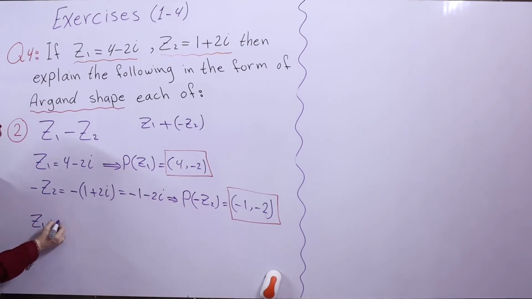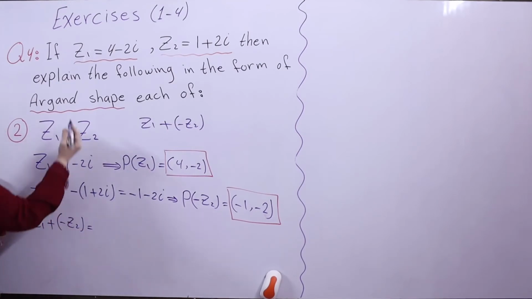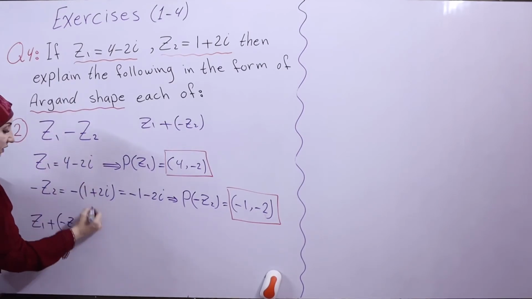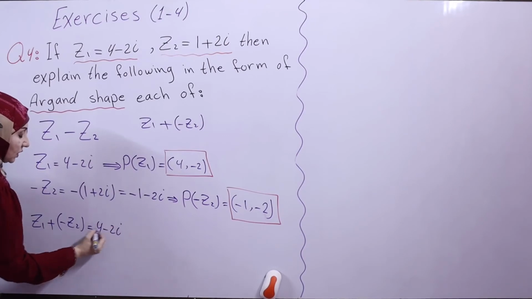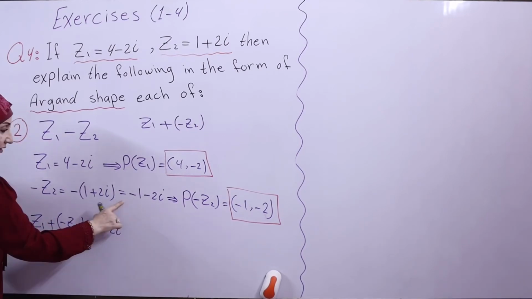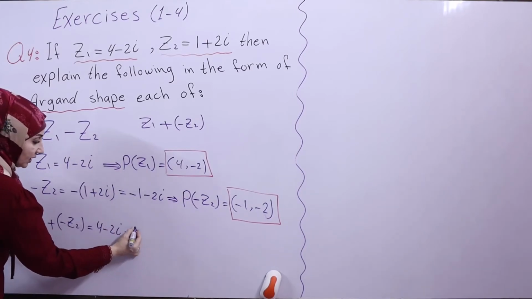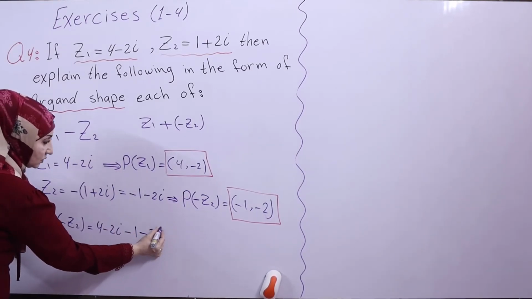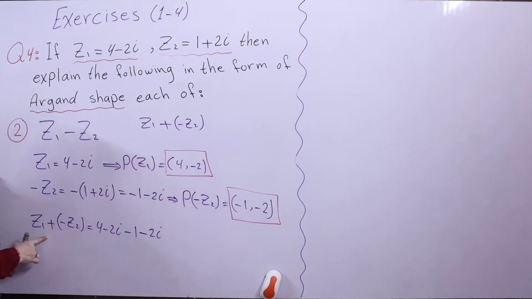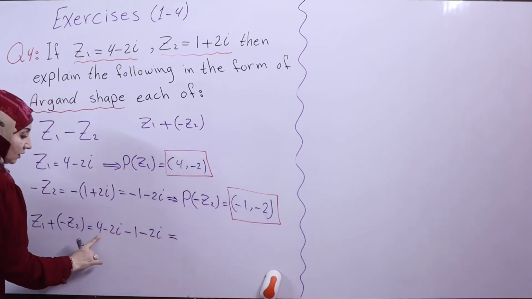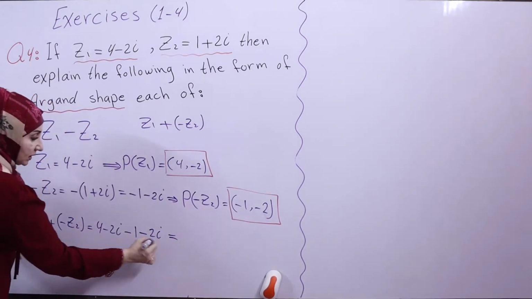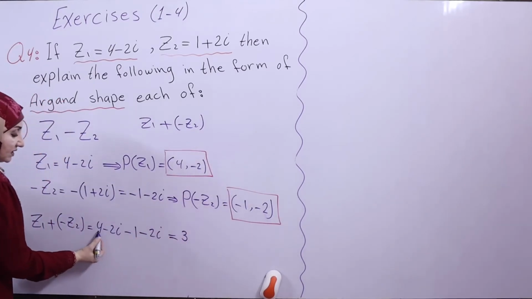So Z1 plus negative Z2 will be 4 minus 2i plus negative Z2, that means minus 1 minus 2i, and it will be 4 minus 1, positive 3, the sign of the greater value, and we subtract.